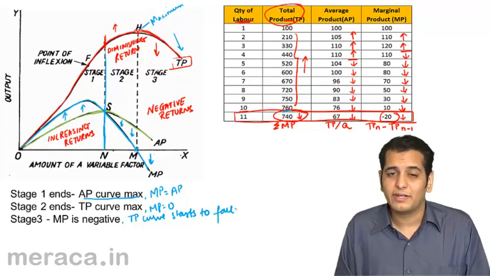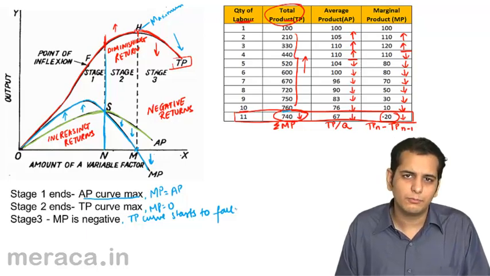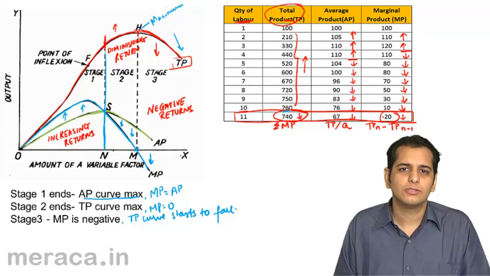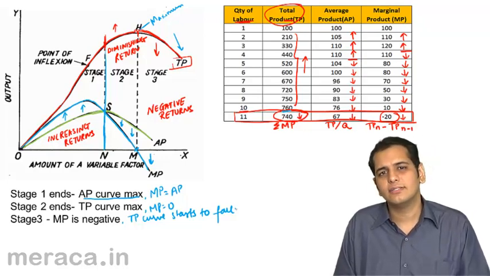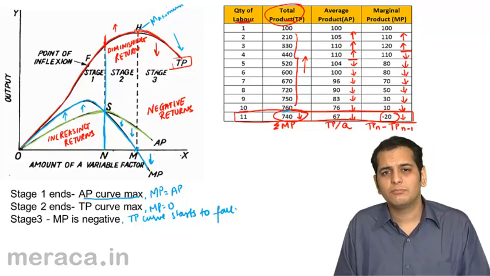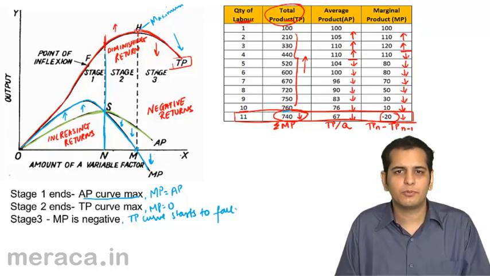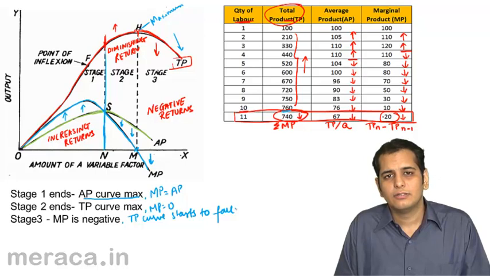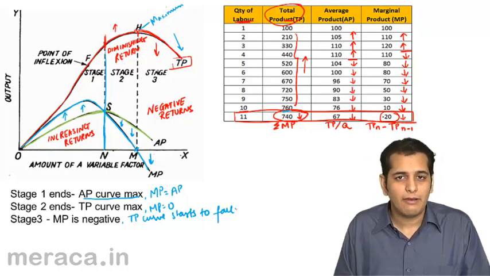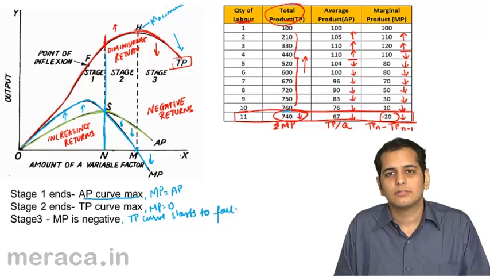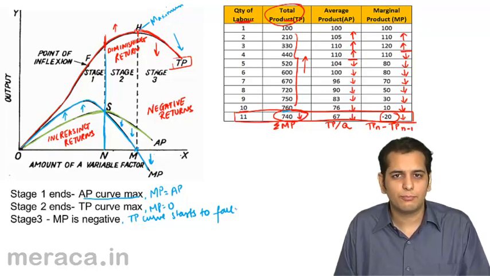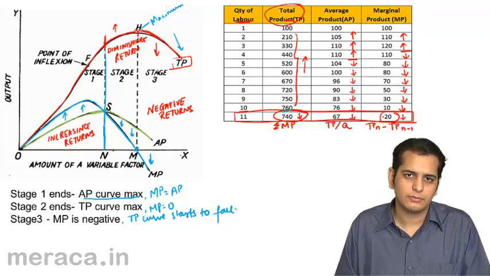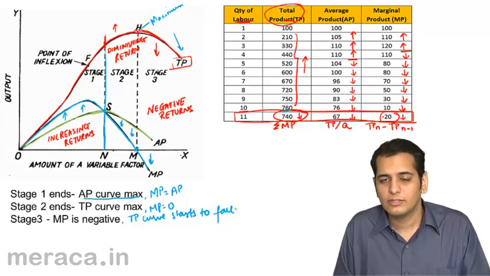So there are three stages in the law of variable proportions. The first stage, where we get increasing returns. The total product increases at an increasing rate because the marginal product is rising, so is the average product. The first stage ends when the average product is highest, and this is the point where marginal product intersects the average product. This also marks the beginning of the second stage.